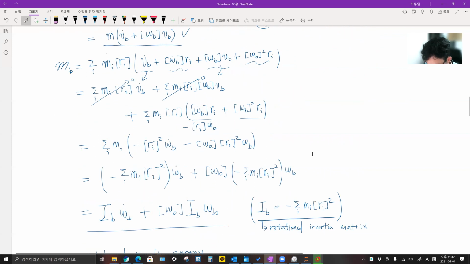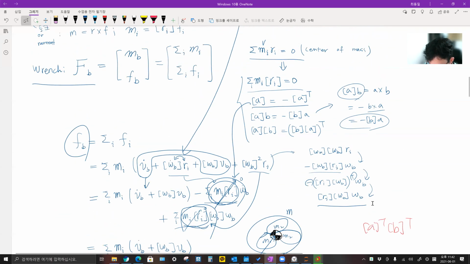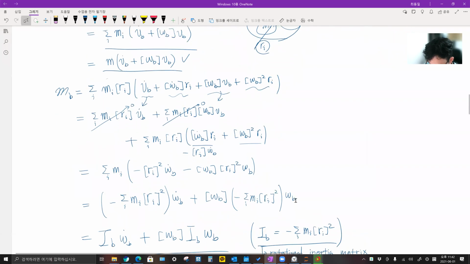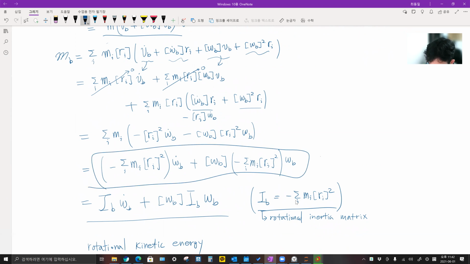And a similar thing is done for the moment term. In the moment term, this is M, the cross product R cross product F. So this equation is R2 dot, and by using this simplification, we can write this equation.